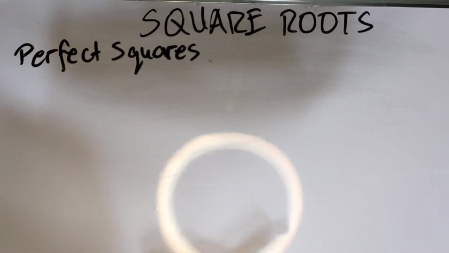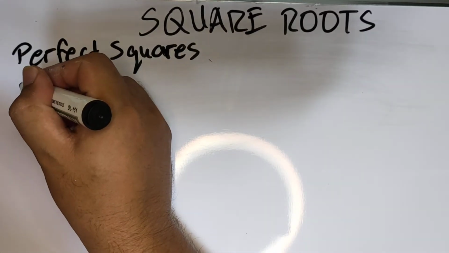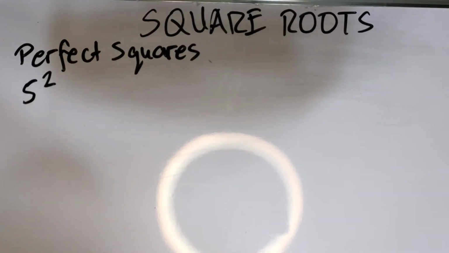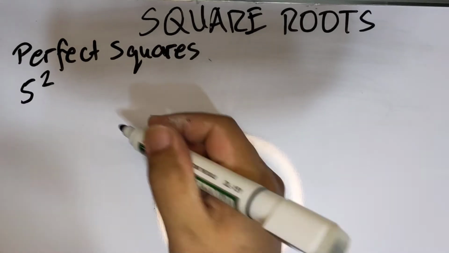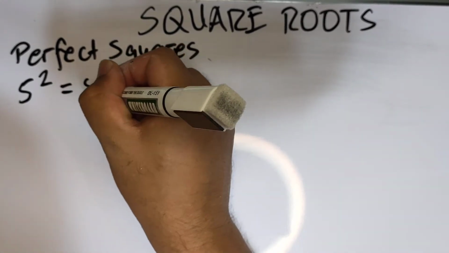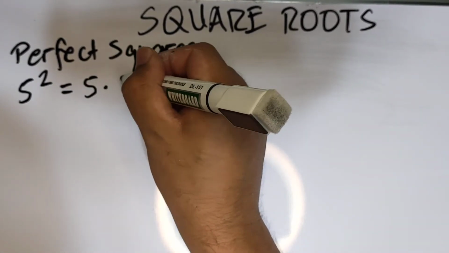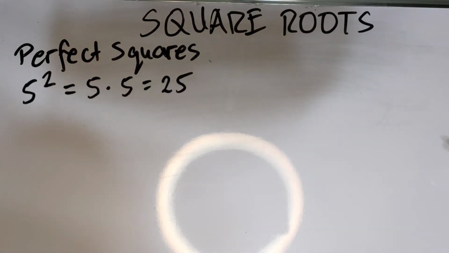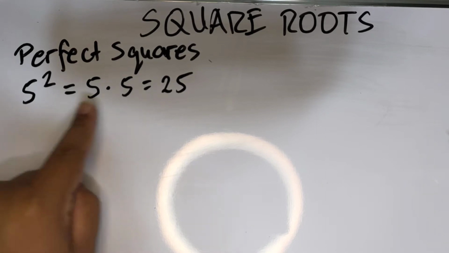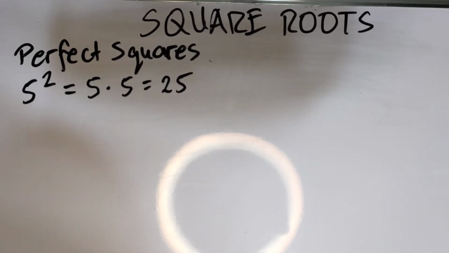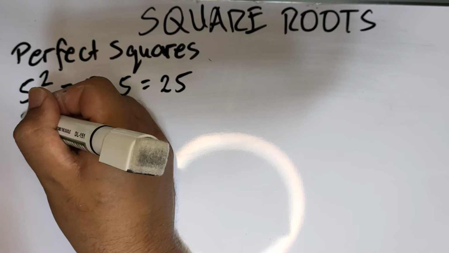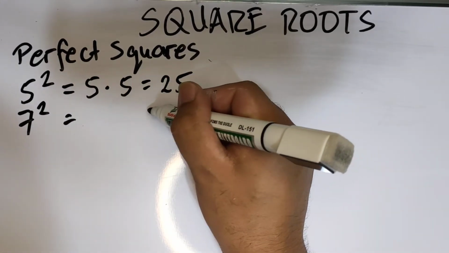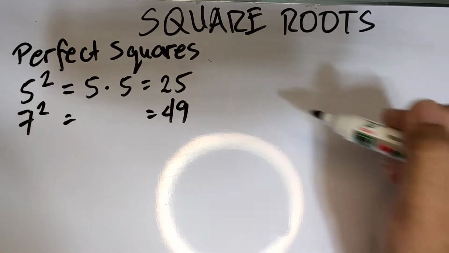For example, let's say we have 5 square. Okay? Ang 5 square ay equal siya sa 5 times 5, which is 25. Okay, so 5 square is 25. Another perfect square is 49. That is 7 square.